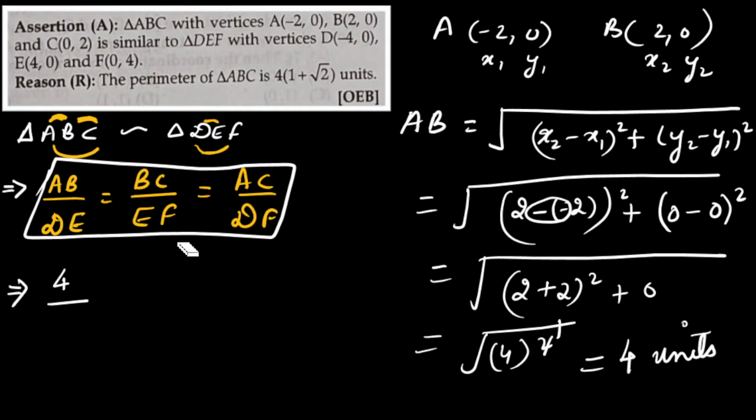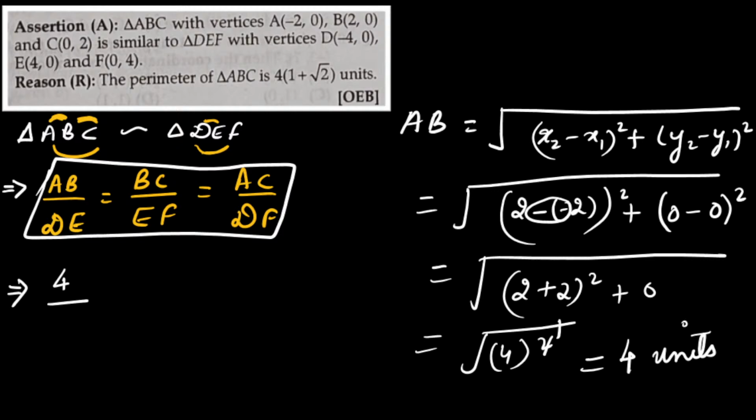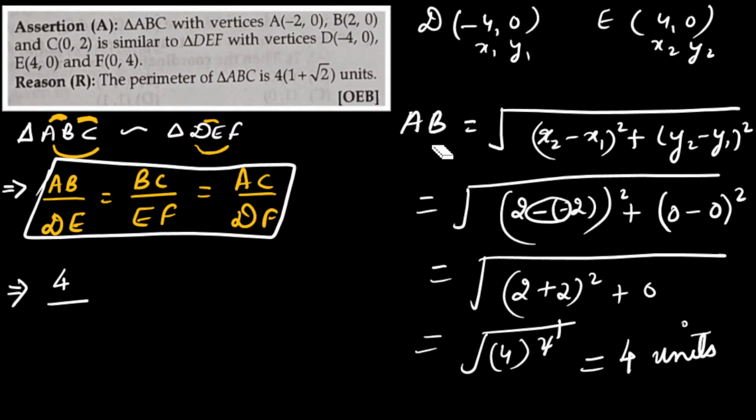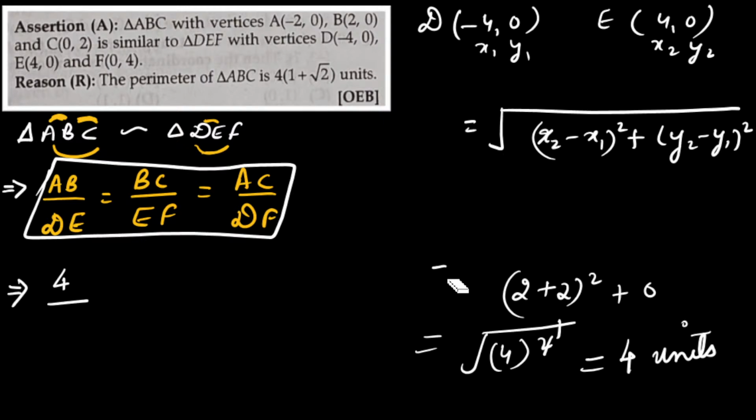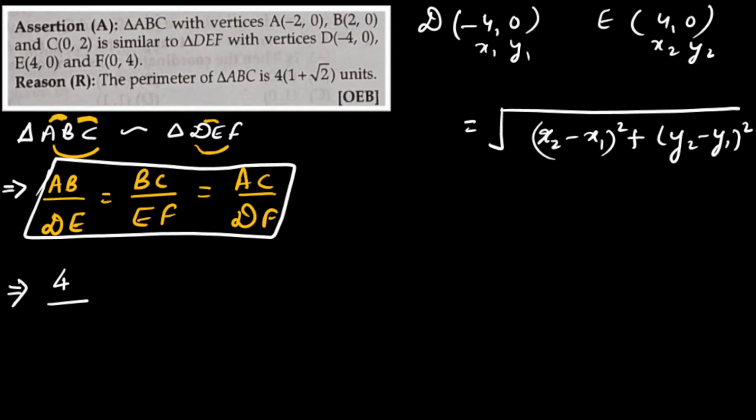In the same way we have to find DE. When finding DE, we have to use the coordinates of D and E. D's coordinates are -4, 0 and E's coordinates are 4, 0. So this is x1, y1 and this is x2, y2. Whenever we have to find a length, we use the distance formula in coordinate geometry.